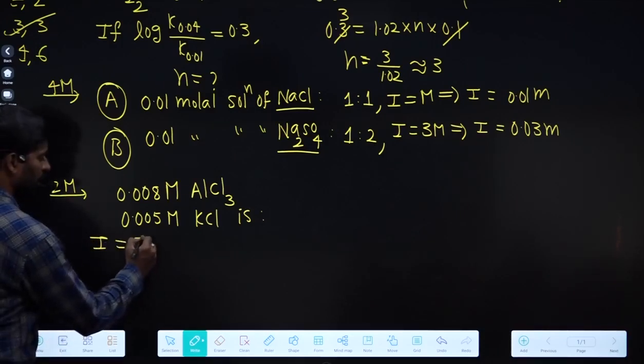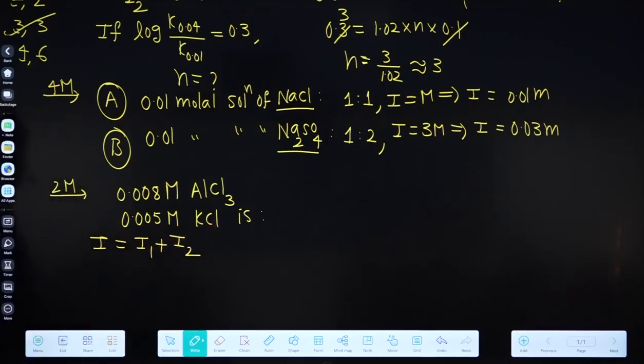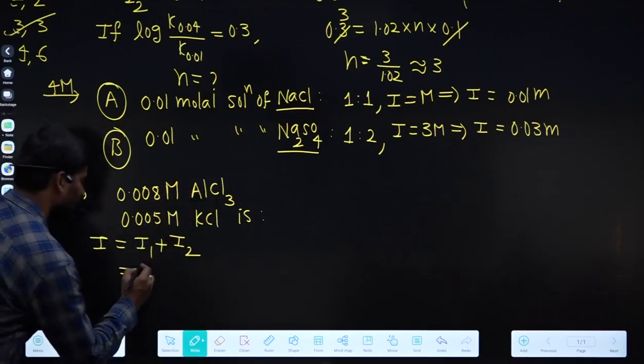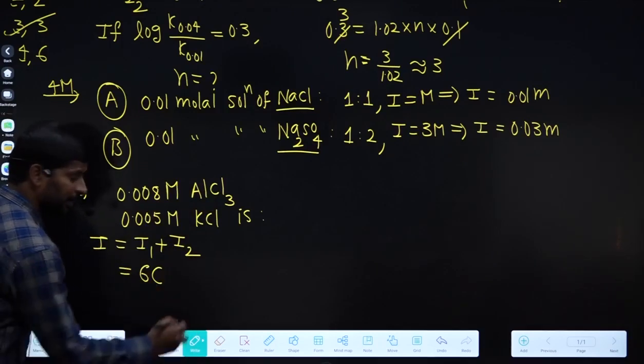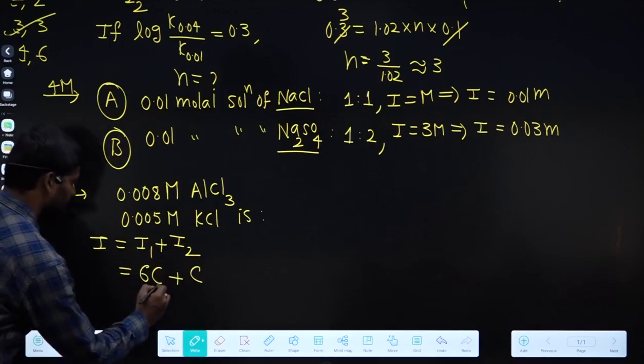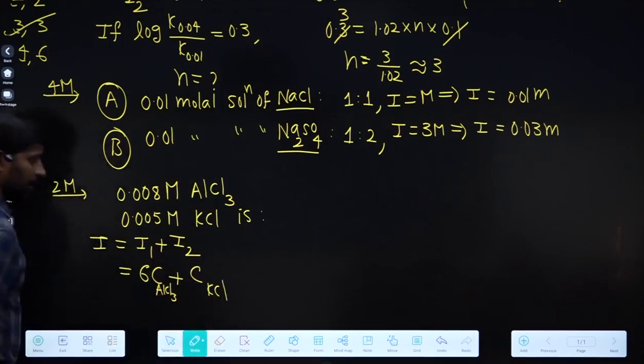I is equal to what, Andy? I1 plus I2, the resultant solution ionic strength. I1, it is a 3:1 electrolyte. For 3:1 electrolyte we have 6C, and for 1:1 electrolyte C only. This is the concentration of AlCl3, this is the concentration of KCl.